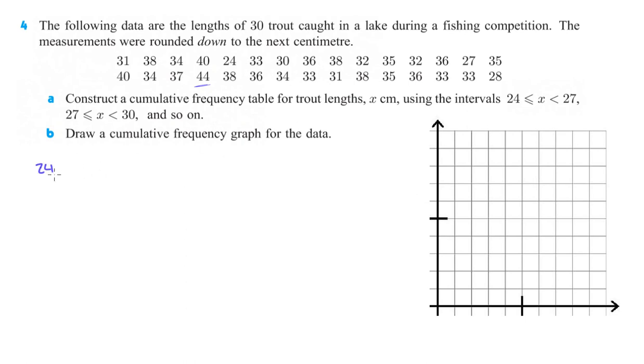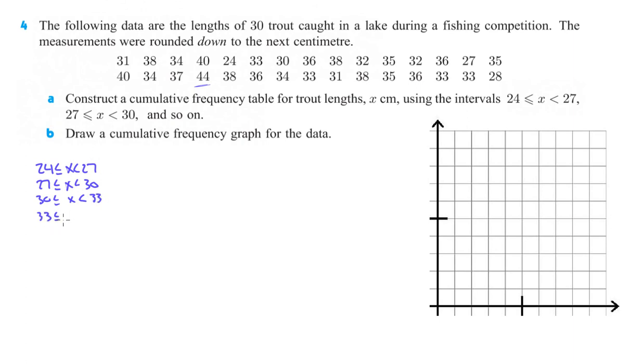So we've got 24 less than or equal to x, less than 27. And then 27 less than or equal to x, less than 30. Oops, this one up here did not need the equals to, because if it's equal to, it goes in the next one. And we're going up by 3s each time.